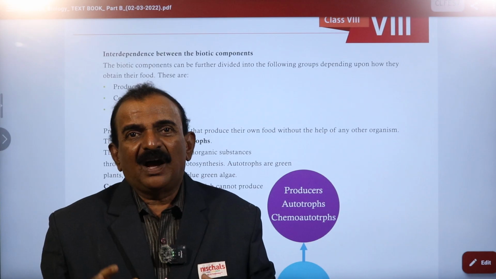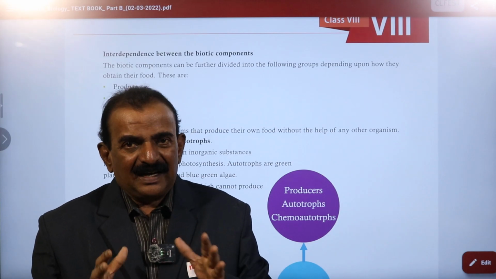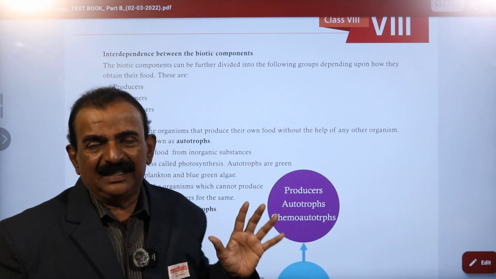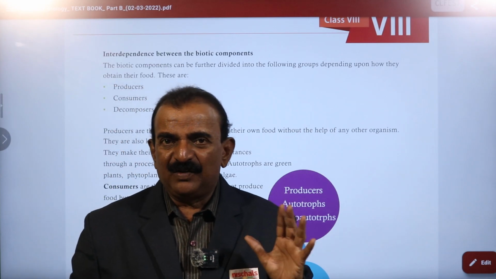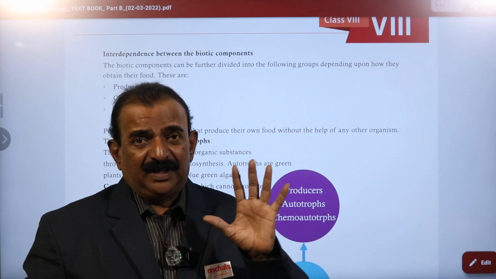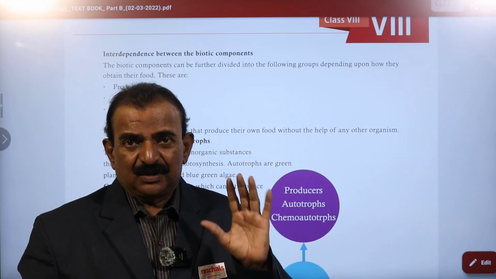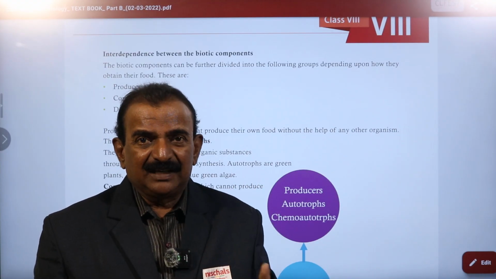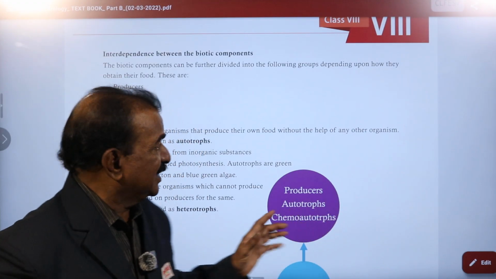In this way they form a mineral cycle. Like that, we studied that there are three types of life forms existing in different ecosystems: first producers, second consumers, and third decomposers.